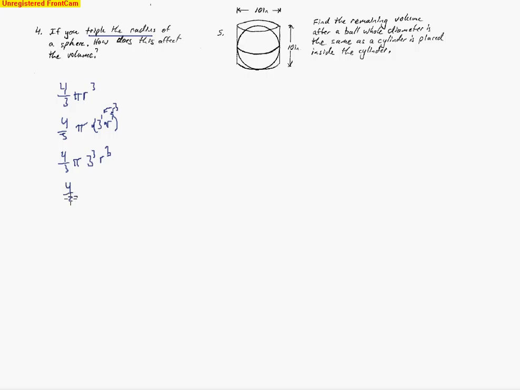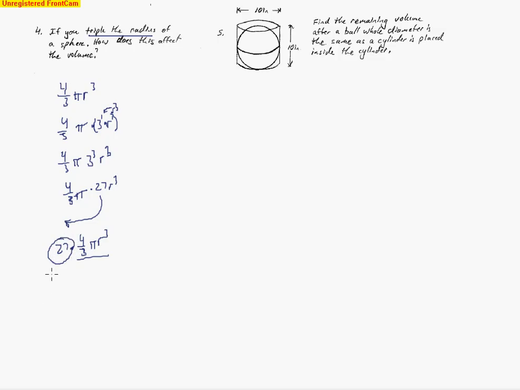So let me go ahead and rewrite what I've got here. So I've got 4/3 pi times 27 r to the third power. So let me just move some terms around using that commutative property. And when I do that, I'll put the 27 on the outside. I've got 4/3 pi r to the third power. This is the volume formula that I started with. So when I triple the radius, this is what happens.